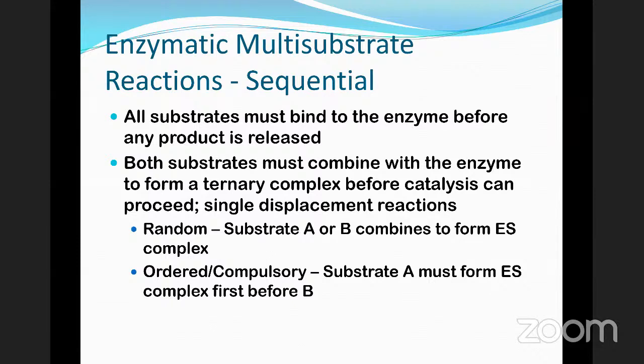It could either be random, substrate A or B combines to form an enzyme substrate complex, or it could be ordered or compulsory, wherein substrate A must form your enzyme substrate complex first before it binds with B. Okay?